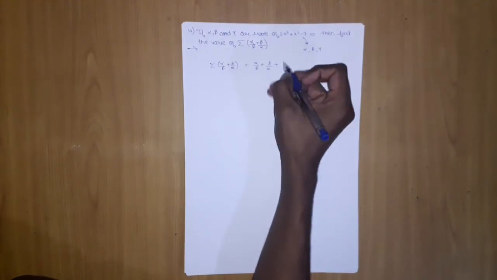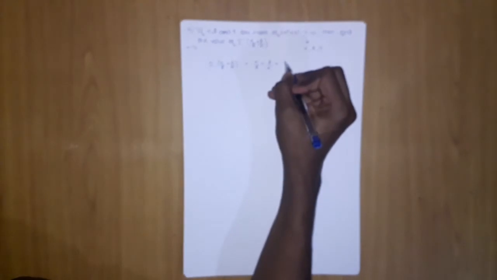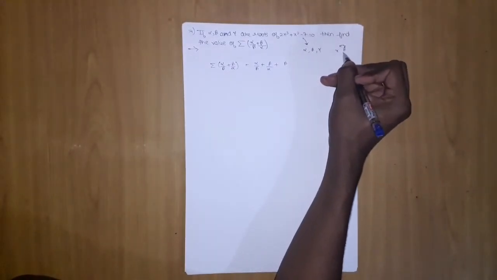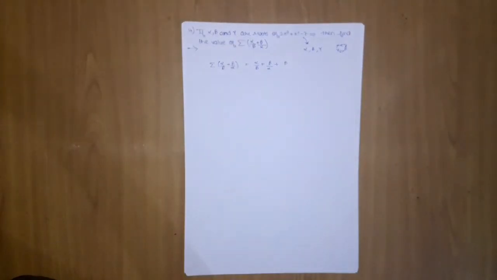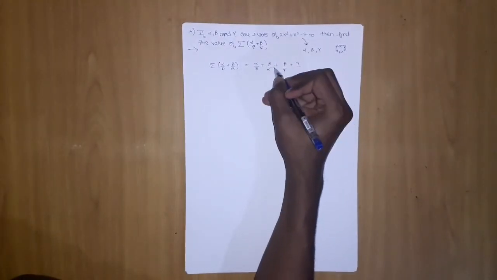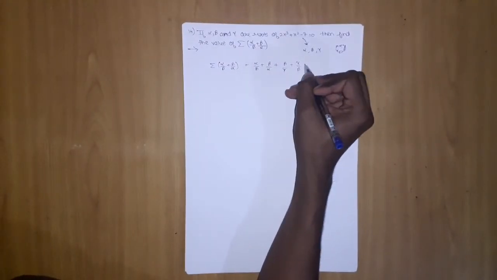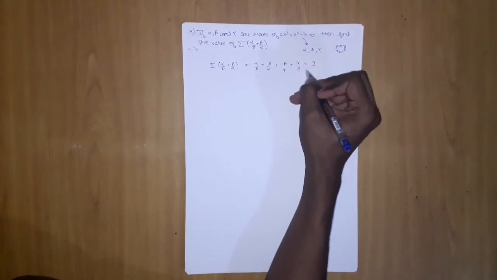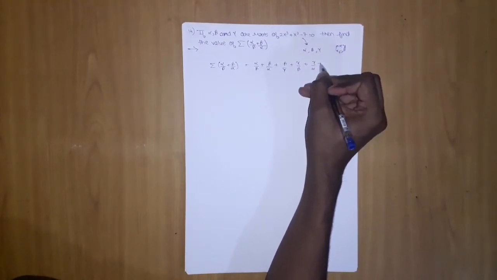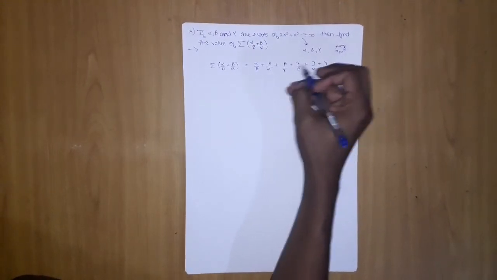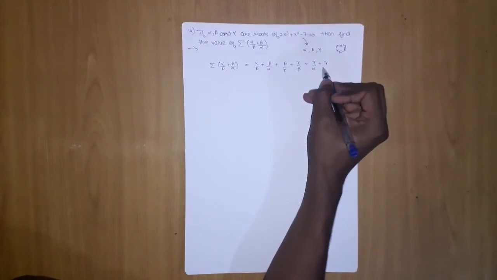Replace alpha by beta, then beta by gamma, gamma by alpha, like this, circular.